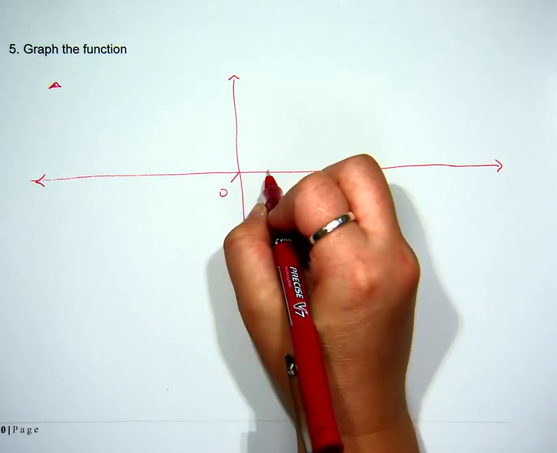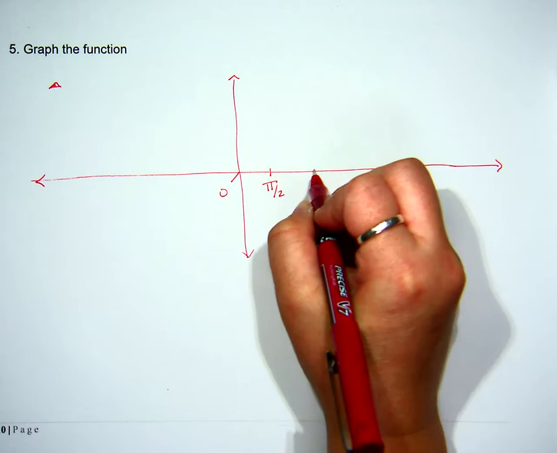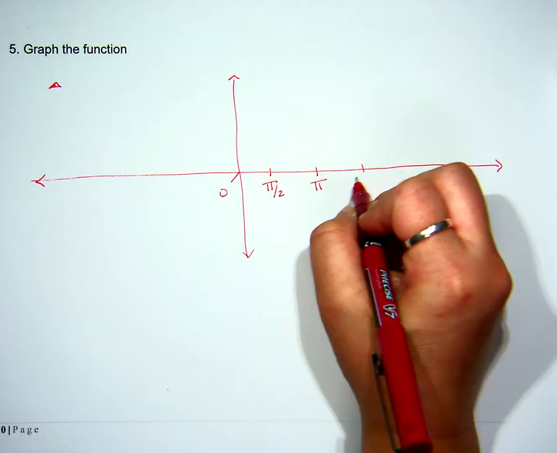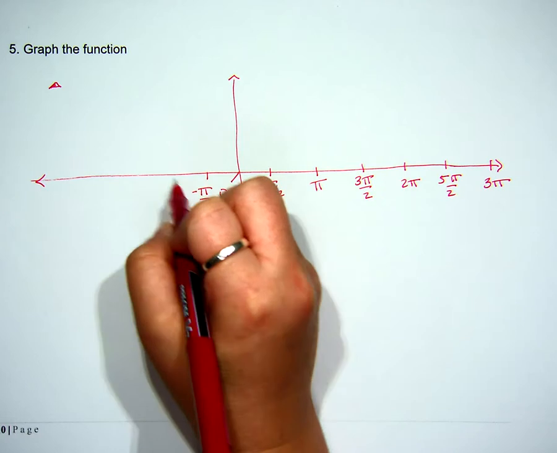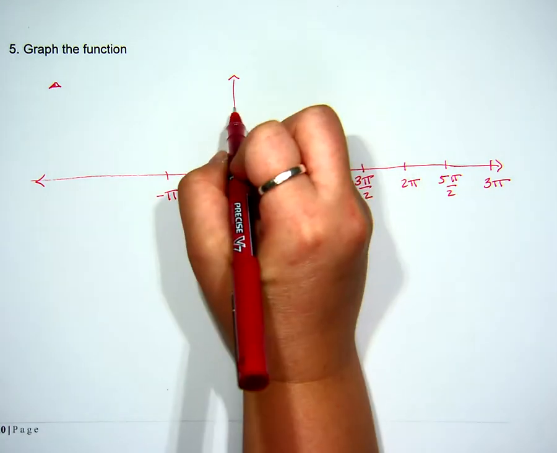So I have 0, pi over 2, pi, 3 pi over 2, 2 pi, 5 pi over 2, 3 pi, negative pi over 2, negative pi.